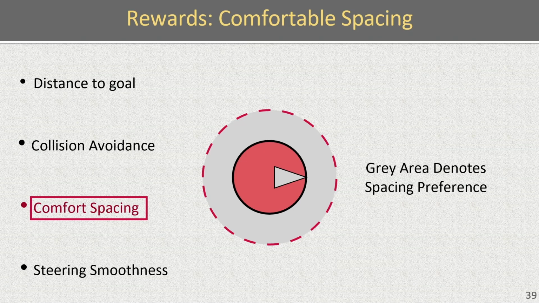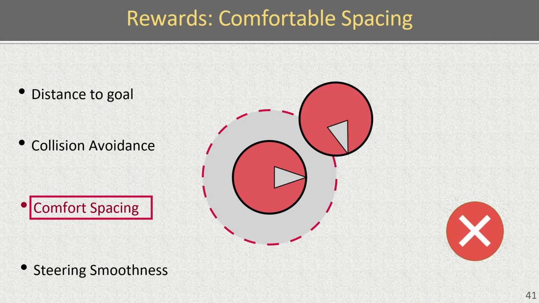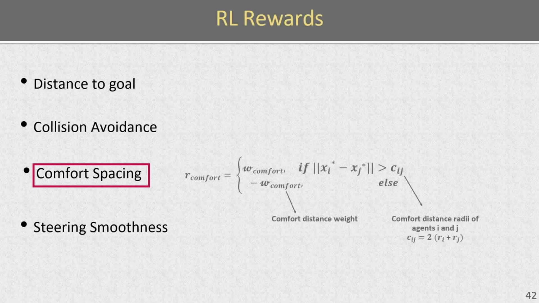We also have a reward term called comfort spacing. Naturally, when we walk in the street, we want to maintain a personal space surrounding us. To emulate such behavior, we encourage the agent to maintain a certain threshold distance, which is indicated by the gray area here. In case they do or do not maintain such personal space, we offer either positive or negative rewards.